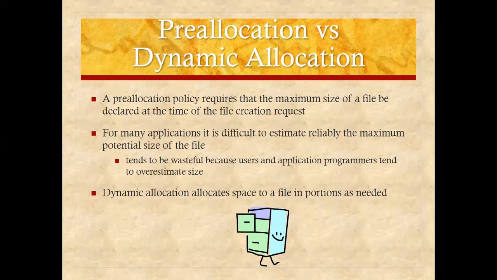Overestimation may be a bigger problem in case of pre-allocation. Dynamic allocation allocates space to a file in portions as needed. If currently my file size is 50 MB, or in future it will take around 1 GB, then again it will not be a problem for me in dynamic allocation.